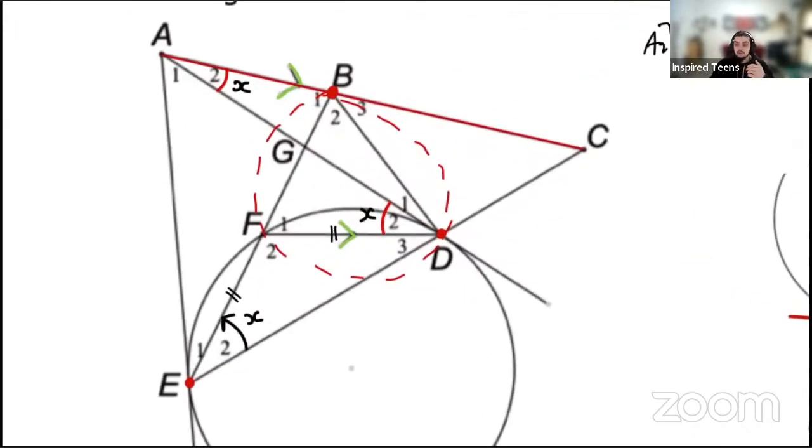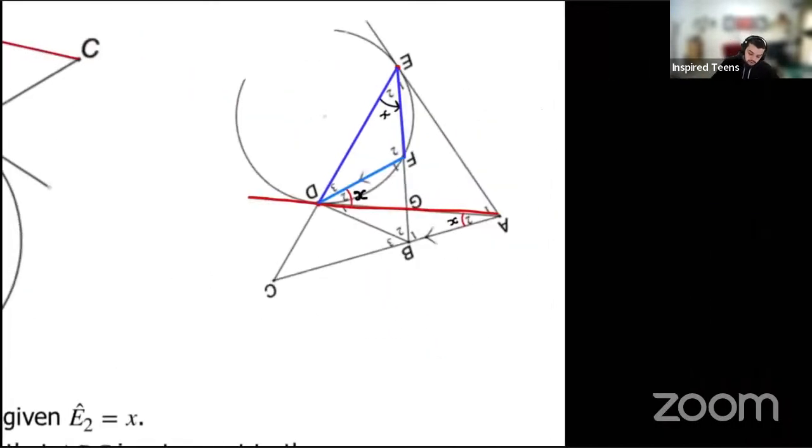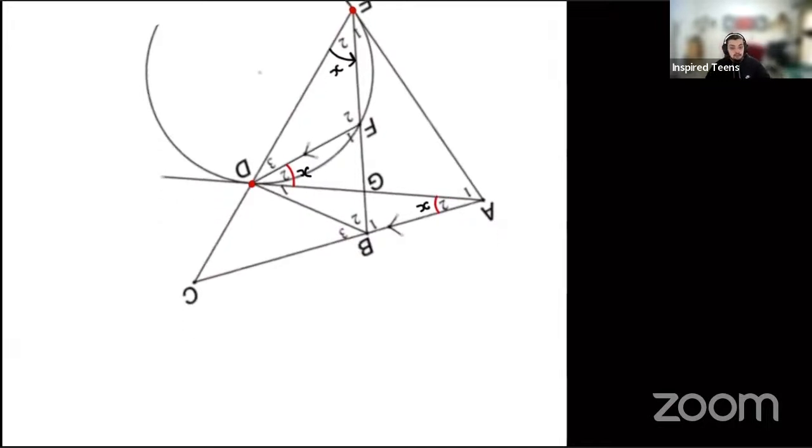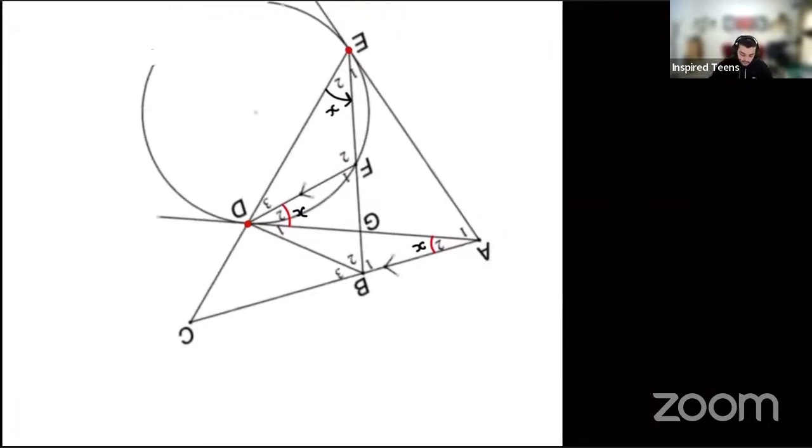So this is going to be what we call the converse tan chord theorem, because we're proving that something's a tangent. If we work with the upside down version once more, I'm getting rid of all of this. This is X. That's X. And that's also a cyclic quadrilateral. Even if we didn't prove the first question, we can still use ABDE as a cyclic quadrilateral.